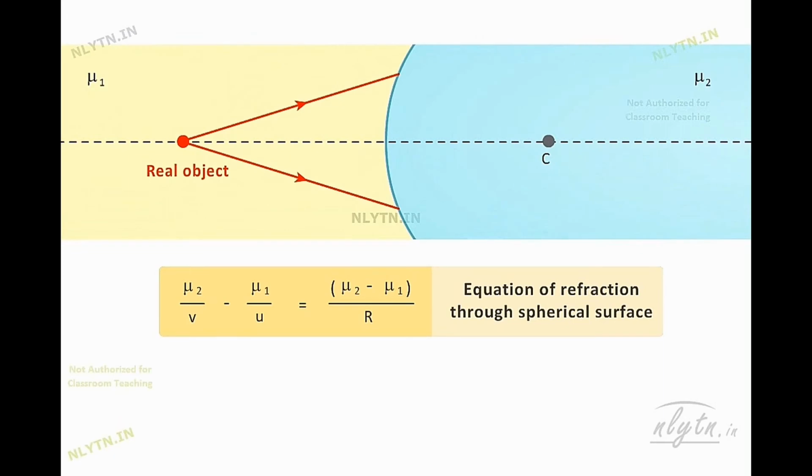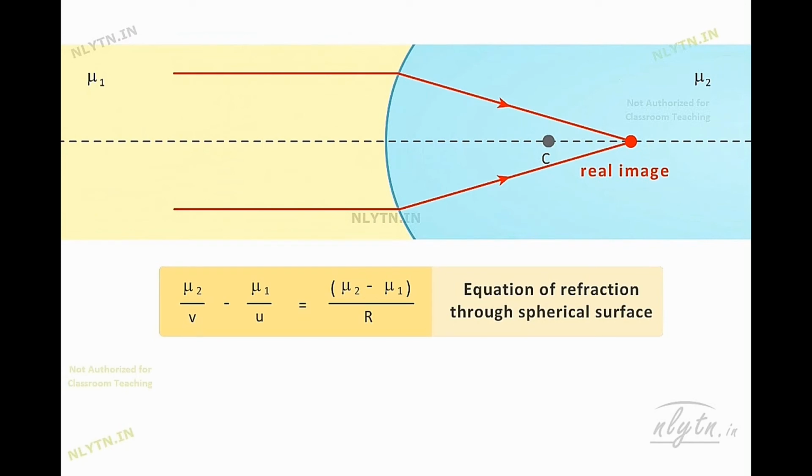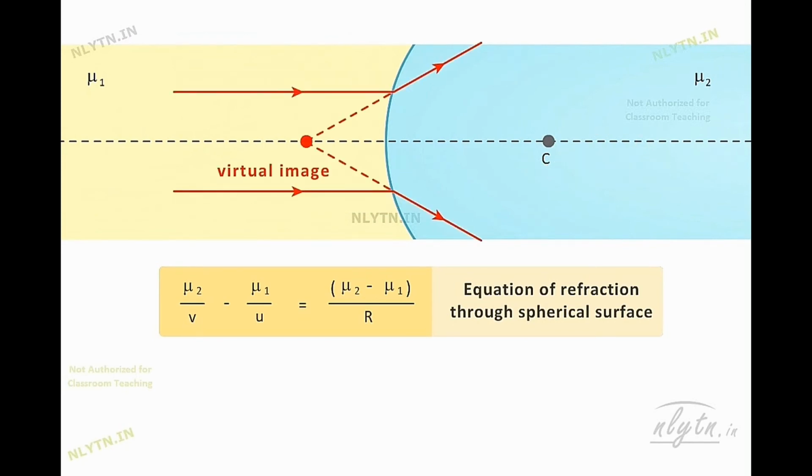In general, position of a real object will always be negative, and position of a virtual object will always be positive. Position of a real image will always be positive, and position of a virtual image will always be negative.